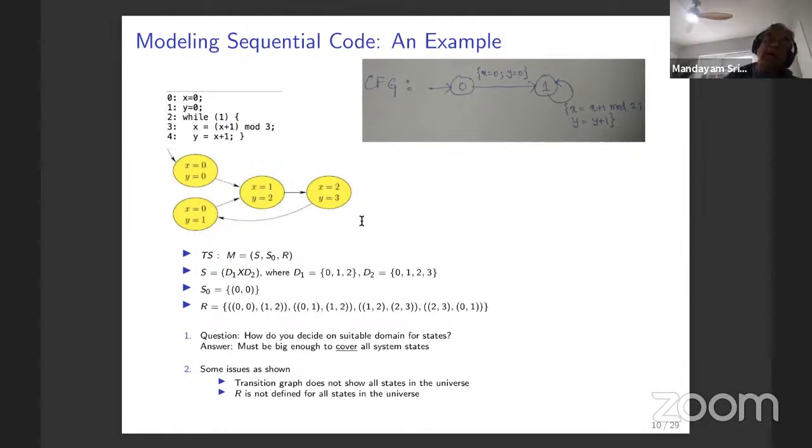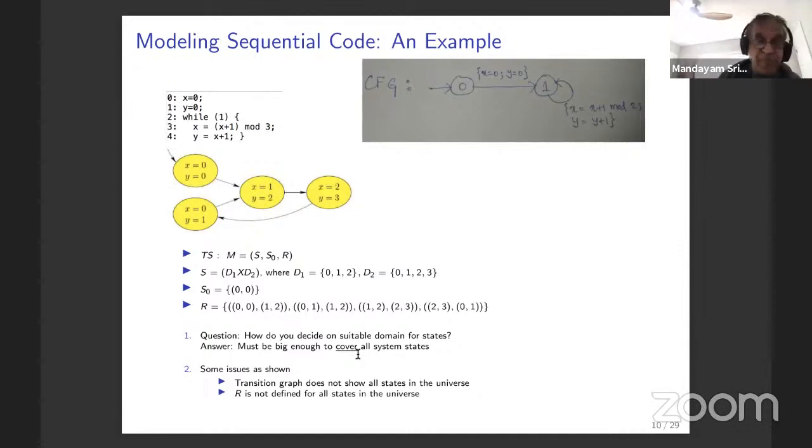Choosing the domain to include exactly the states that can be reached is like putting the cart before the horse. So what you're saying is your choice of domain should be big enough to cover all system states, even if it includes some states that you may never reach.